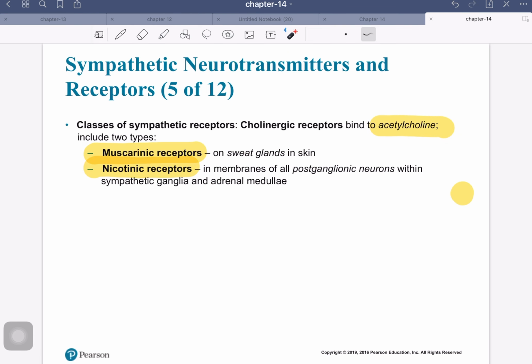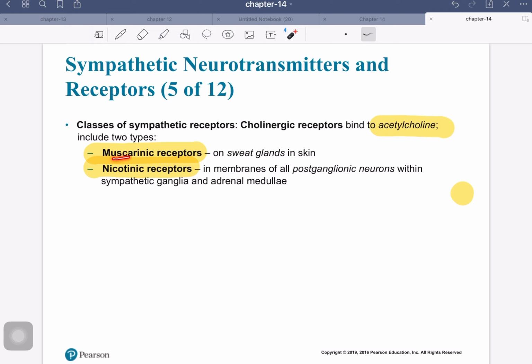Now, let's have a look at the cholinergic. And of course, if you just ponder it for long enough, you realize cholinergic kind of sounds like acetylcholine, right? Which is where the reference comes from. So cholinergic receptors bind to acetylcholine. And we have two types, the muscarinic receptors and the nicotinic category.